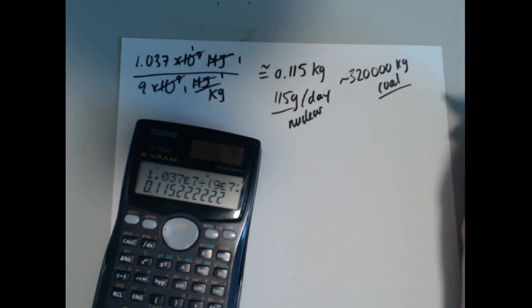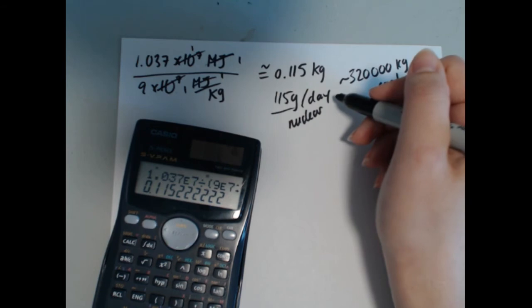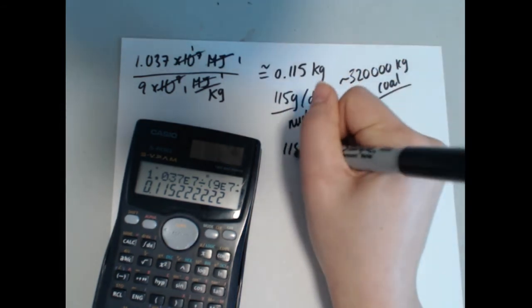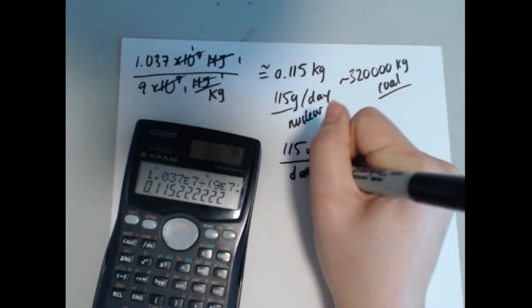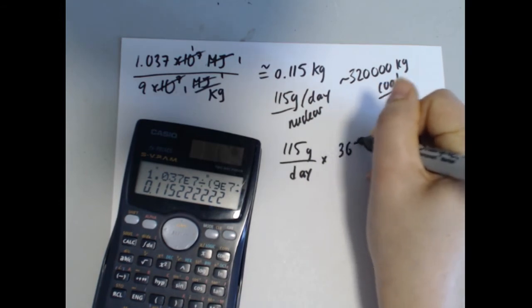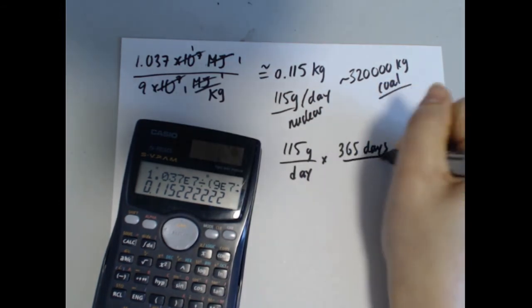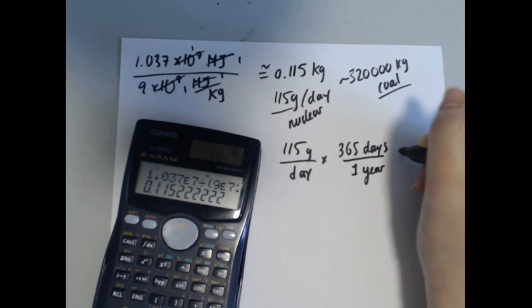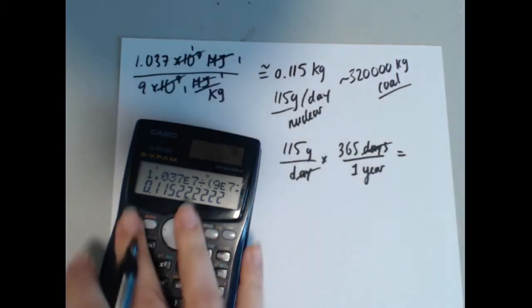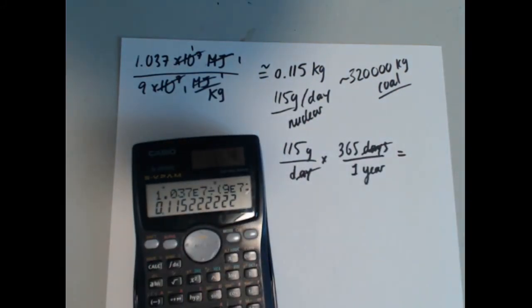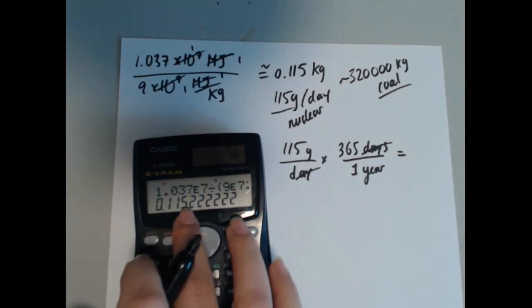If we want to convert that to per year, I have 365 days in a year. So if I have 115 grams per day and I multiply that by 365 days, I'll get how many grams I have per year. This will be kilograms if I use the same number that's on my calculator right now.